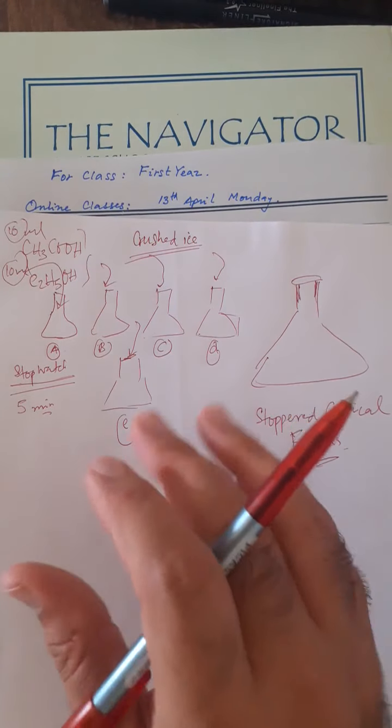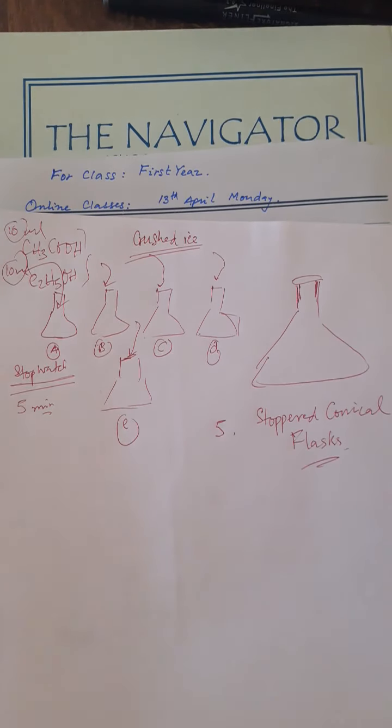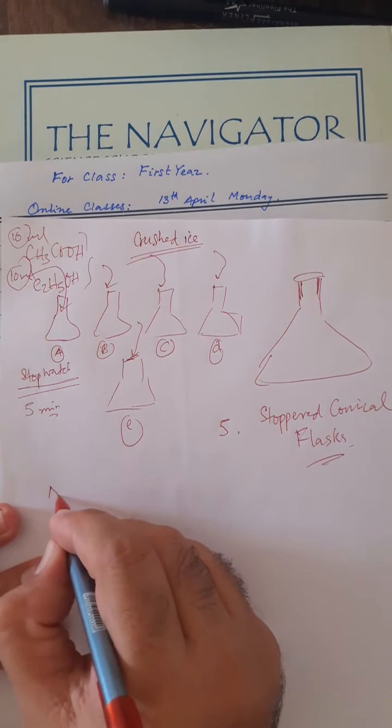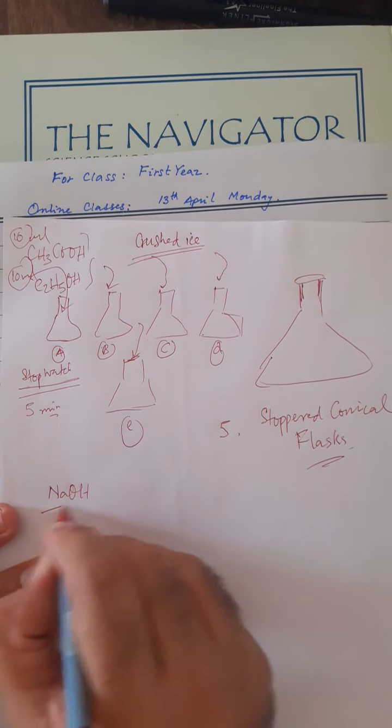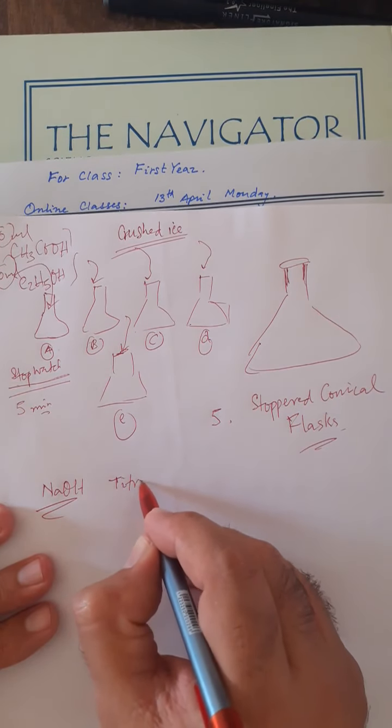Now, we don't know where the equilibrium is achieved. So to know where the equilibrium is achieved, we need sodium hydroxide. Yes. We have to use the titration method.